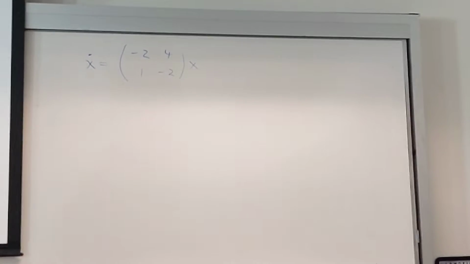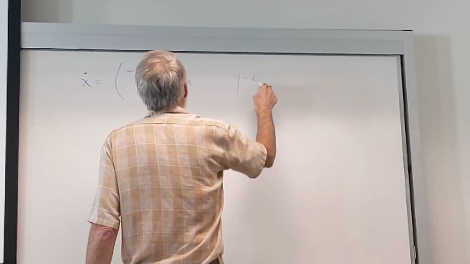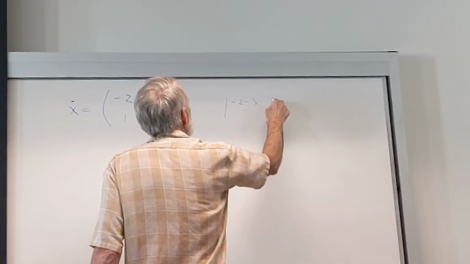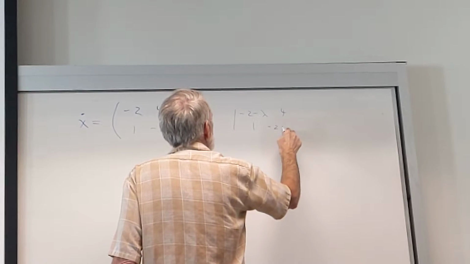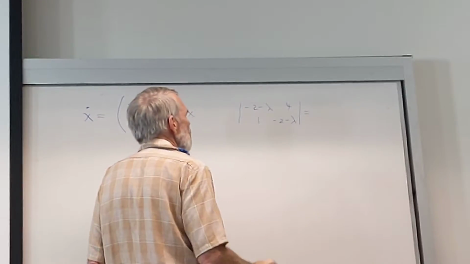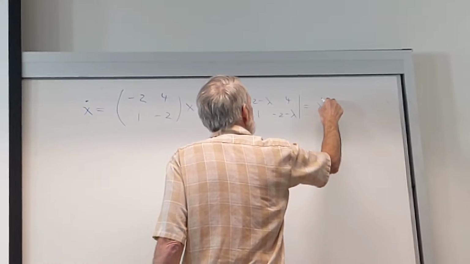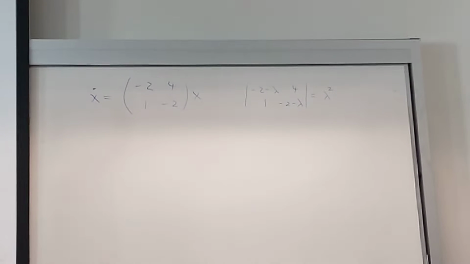Let's go ahead, so if we were to take the determinant of minus 2 minus lambda, 4, 1, minus 2 minus lambda, we're going to get lambda squared. What's the middle term going to be?